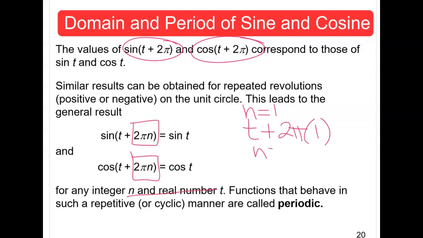But if n is equal to 2, then we will have t plus 2 pi times 2, which will equal t plus 4 pi. So that is what the n is representing. And of course, n could also be negative.